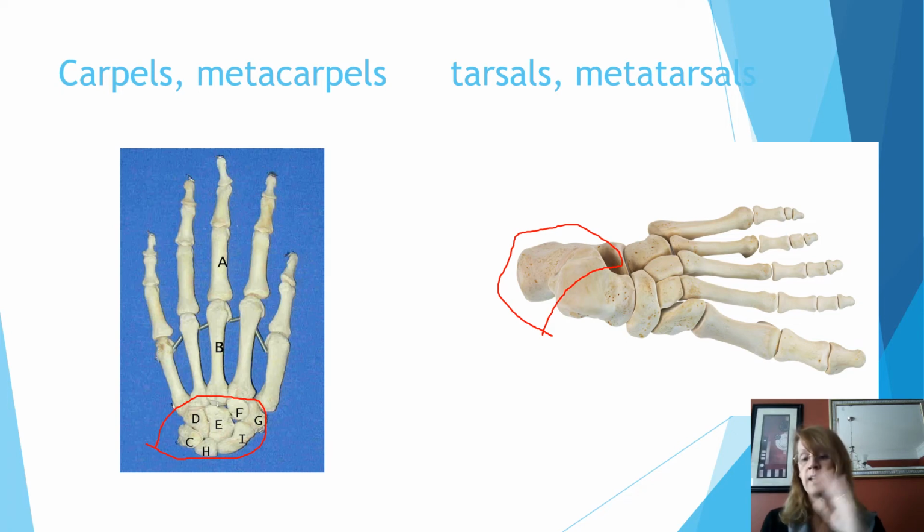And you've been lied to your entire lives. You do not have 10 fingers and you do not have 10 toes. To be a finger, you must have 3 bones. To be a toe, you must have 3 bones. If you'll notice here, the thumb only has 2 bones, and your big toe only has 2 bones. So you do not have 10 fingers. You have 8 fingers and 2 thumbs.